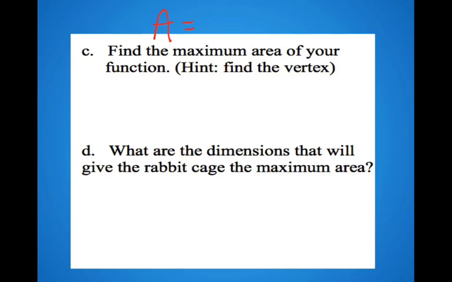Area equals negative w squared plus 10w, I think is what that was.